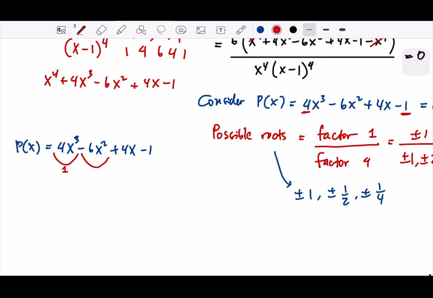Negative to positive, this is 2. Positive to negative, this is 3. So whenever there is a variation of change, it gives our possible number of roots. So it has 3 variations of change, which means we are going to have 3 positive roots or 1 positive root.